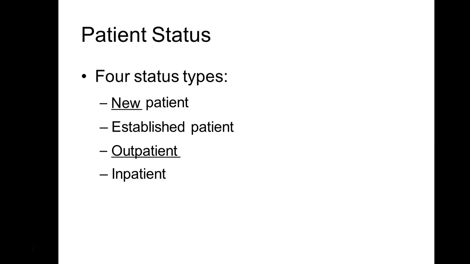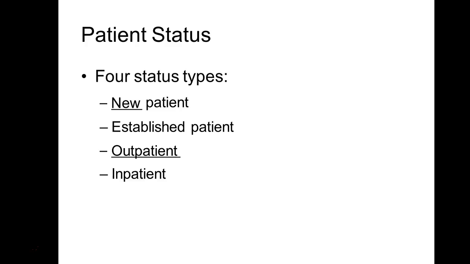The key thing is 3 years, or if the patient's never been seen there. If they've never been seen, they're automatically new. Established patients have been seen within the last 3 years.